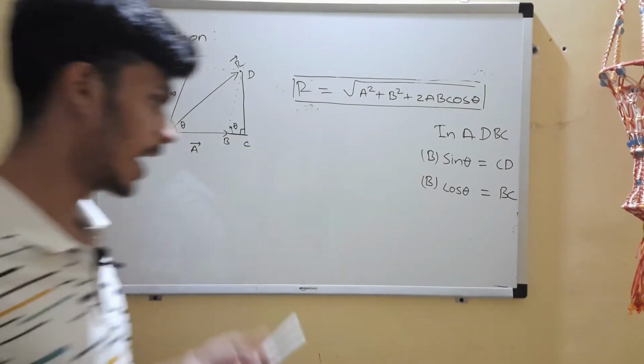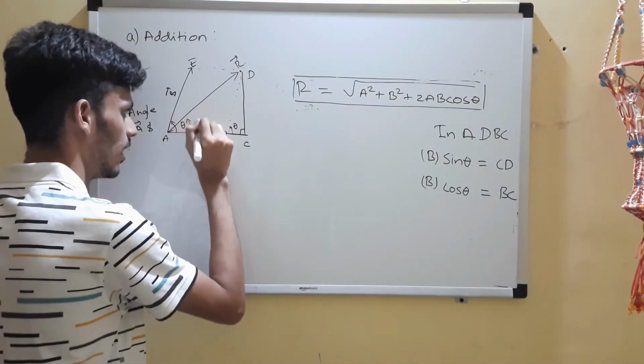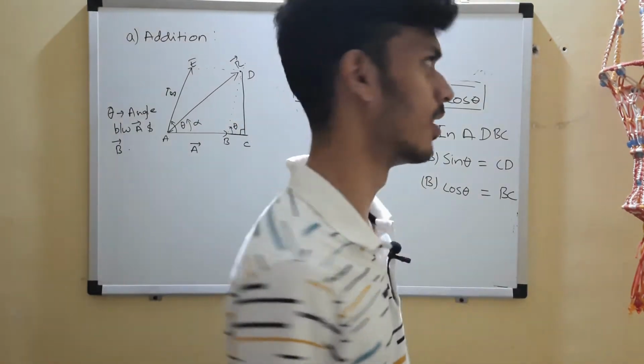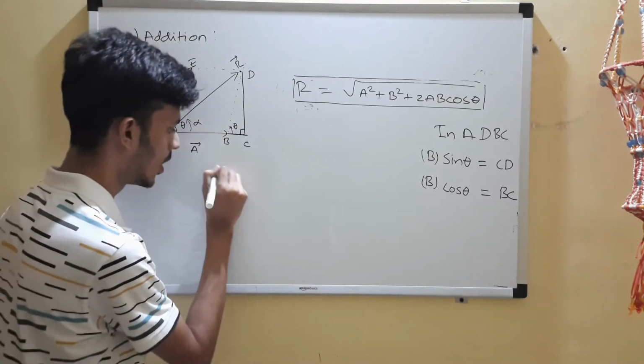Now for direction, what can you do? You can find the direction with respect to one of the vectors. So we are going to take alpha.